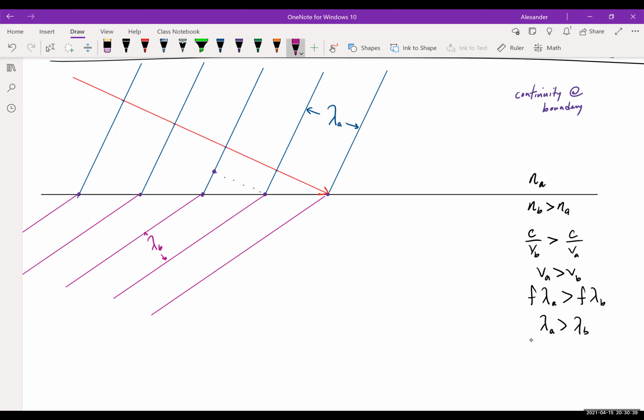It's the only way for that to happen. It's the only way to preserve continuity and have the wavelength be smaller.